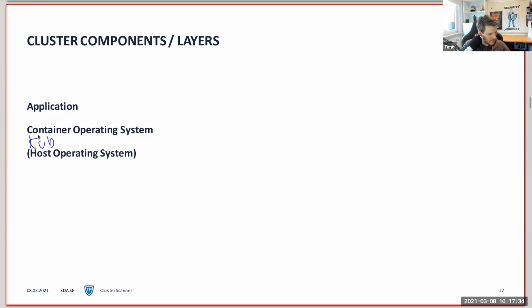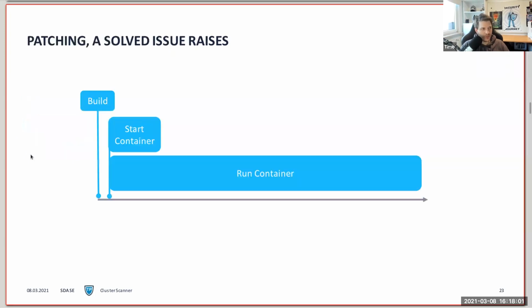So the cluster scanner only takes care of the application in the containers and the packages in the container, not outside of it. In the current implementation, you might have some more requirements later for scanning in Kubernetes or relating it to images, but we can talk about that later when you get a deeper understanding.